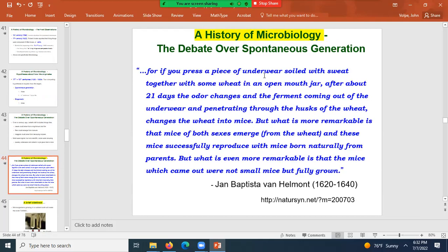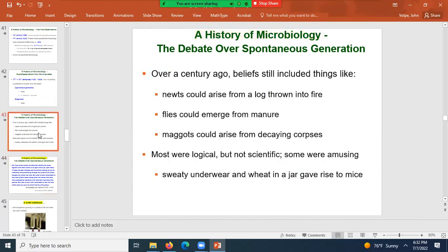Okay, there we got the debate of spontaneous generation. I'm not going to cover that. Let me go back to this one here. What happened was the mice climbed into the jar to get the grains of wheat, and then they couldn't climb out of the jar because of the sides of the jar.